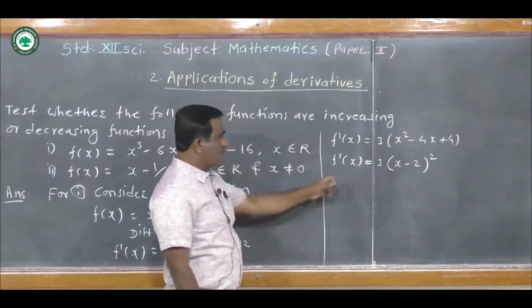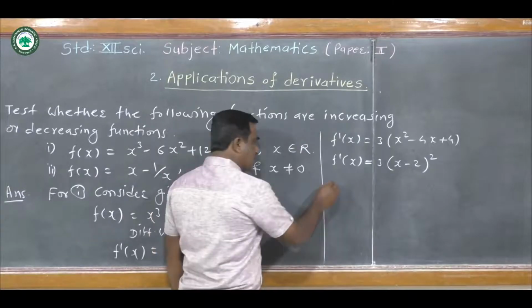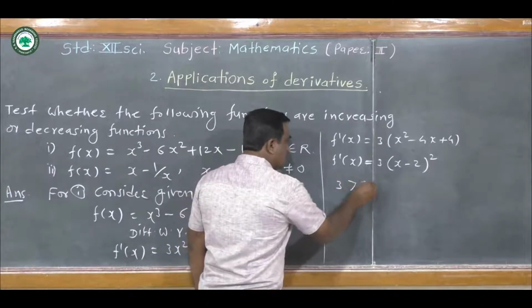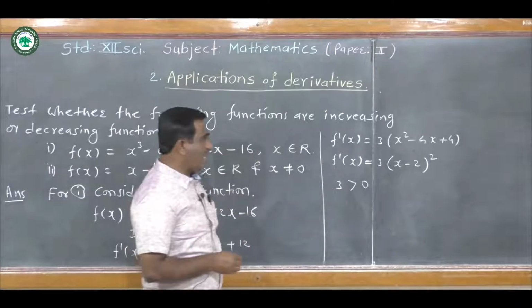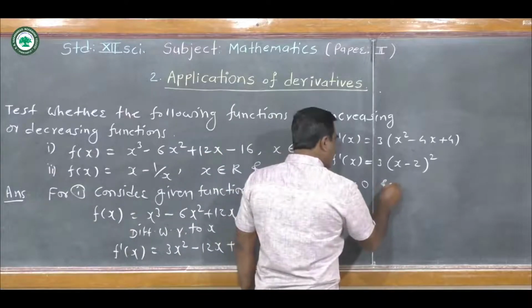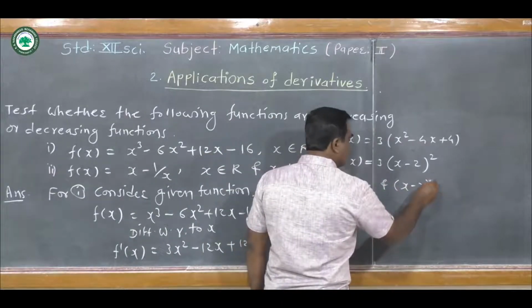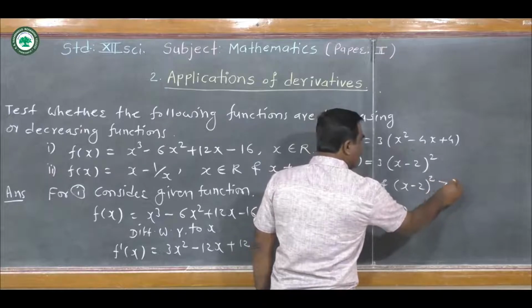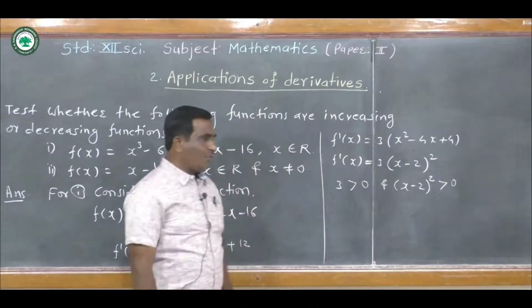Now in this equation 3 is always greater than 0, and x minus 2 bracket square is also greater than or equal to 0 for every x.